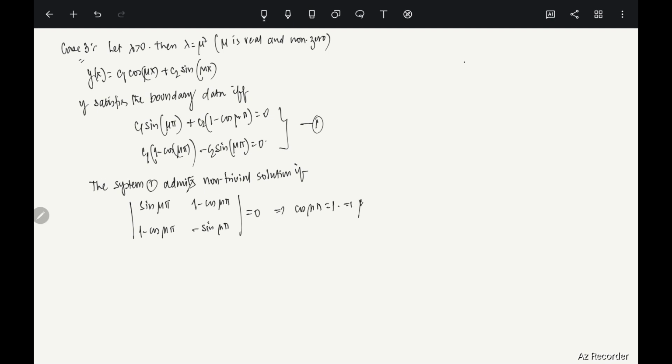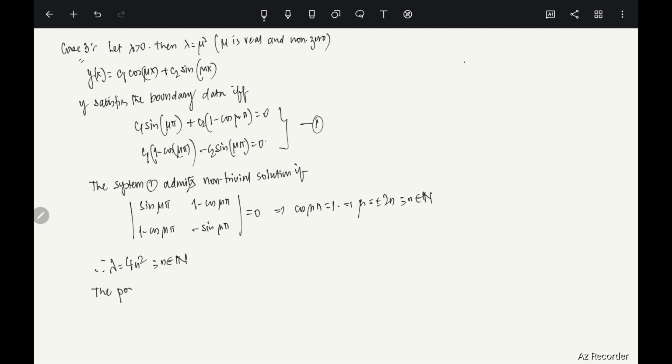That will imply that mu has to equal plus or minus 2n. Is it okay? So n is in N. Yes. So what is lambda? Therefore lambda has to equal 4n square. Yes. n is in N. So what are the eigenvalues?